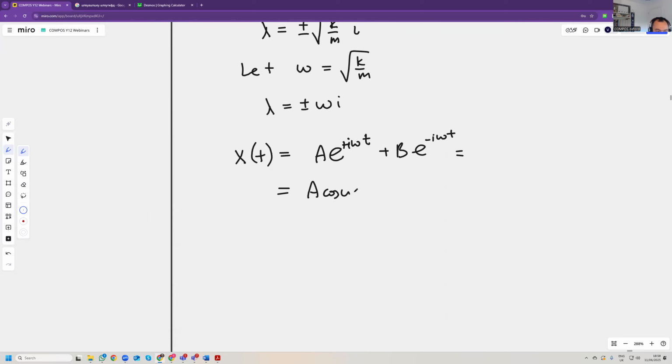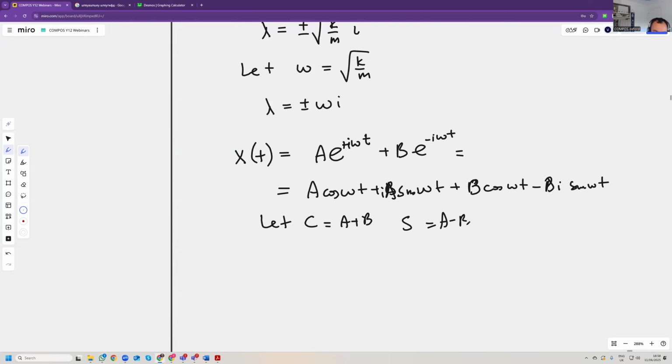So a cos omega t plus b sine omega t, plus a i sine plus b cos omega t, and so on. I let c be a plus b, and s be a minus b times i, and I get x of t is equal to c times cos omega t plus s sine omega t.